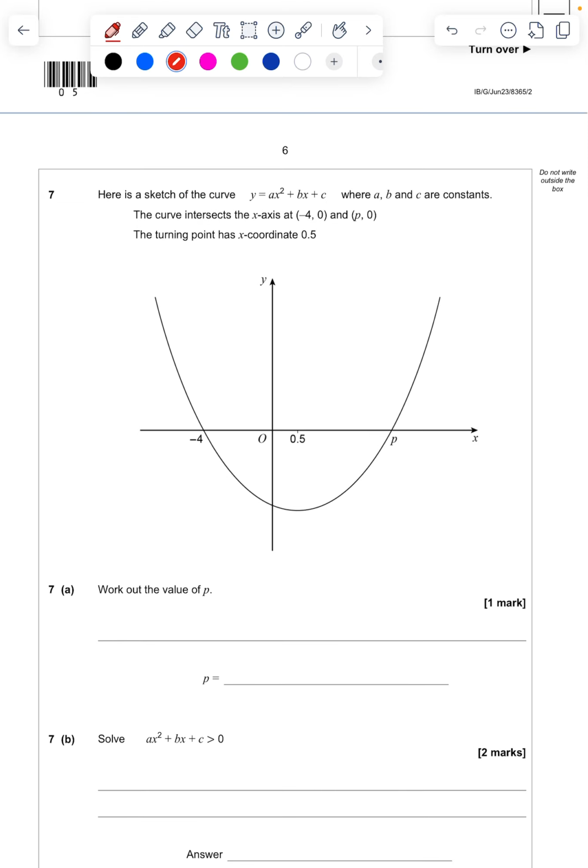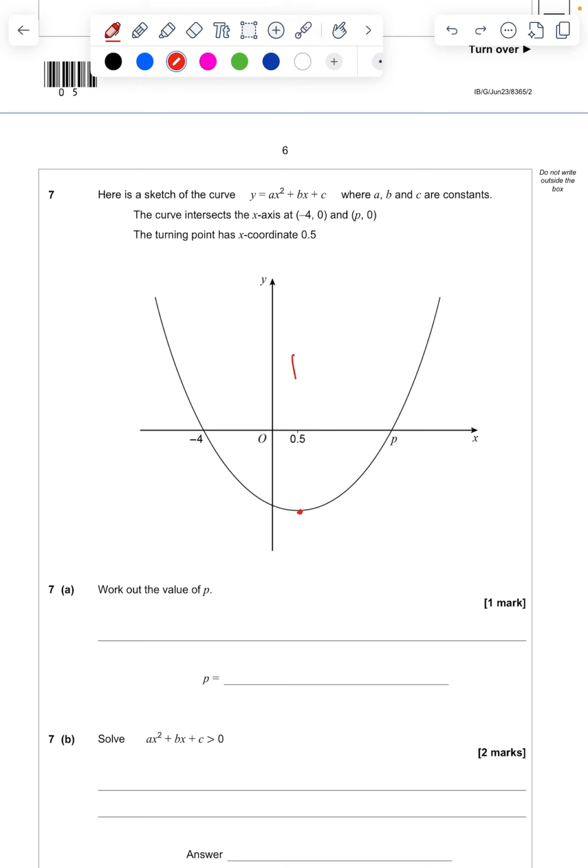Question 7. Here is a sketch of the curve. It's a quadratic, and it intersects the x axis at -4 and p, and the turning point is 0.5. Now the turning point is the lowest possible point on the graph. Work out the value of p.